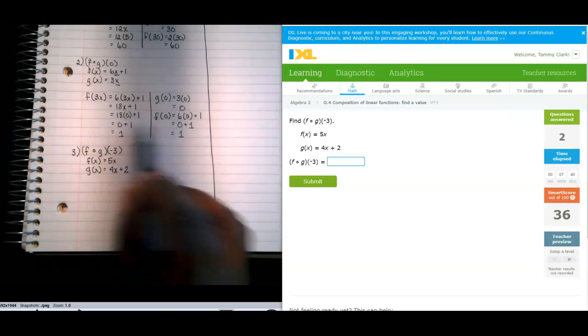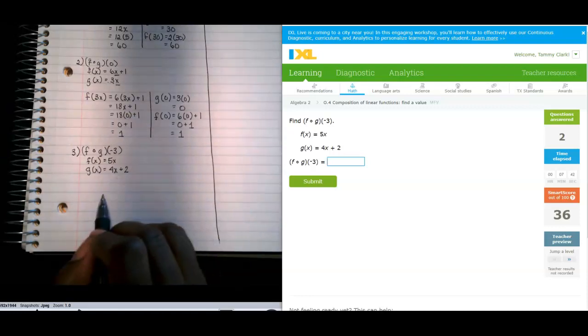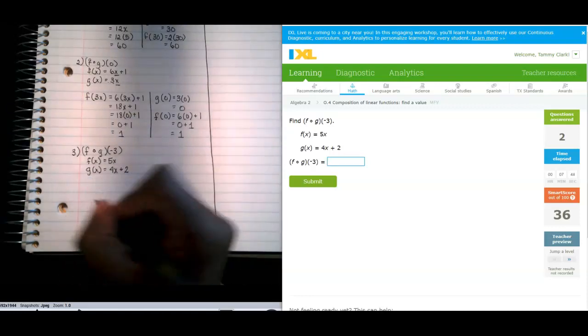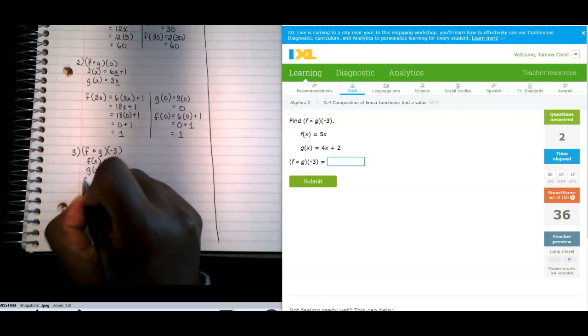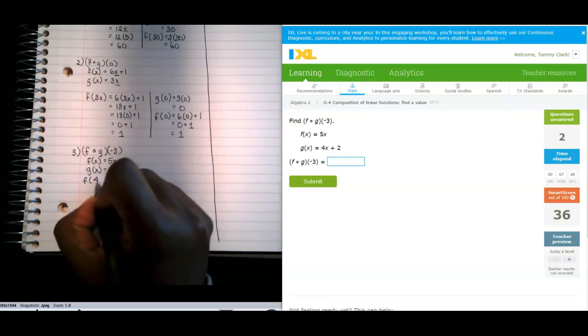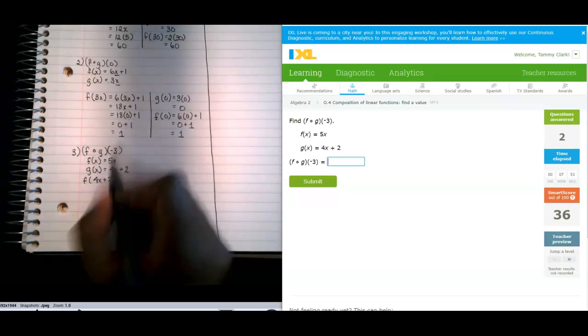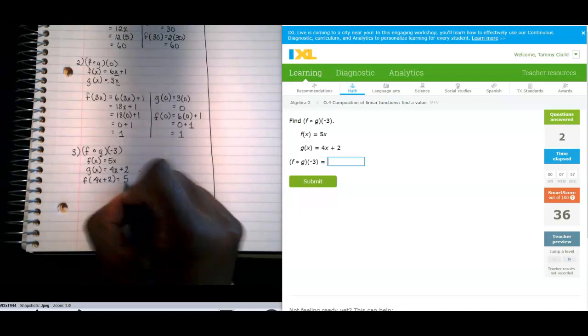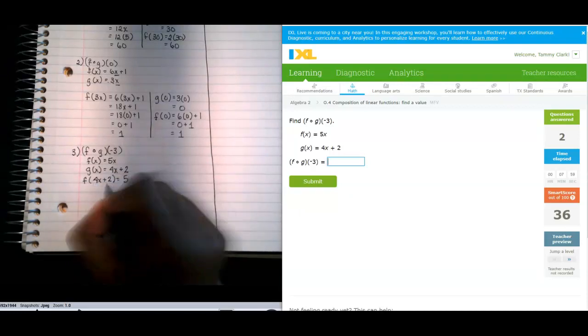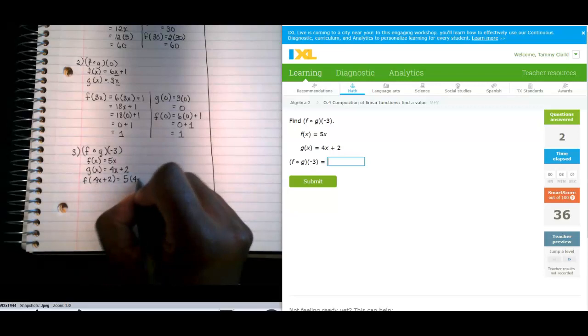And I'm going to continue with my thought here where I do it both ways. So I'm going to say f of 4x plus 2, because remember, I'm putting g inside of f. So that equals 5, and where I see the x, instead of writing x, I'm going to write 4x plus 2.